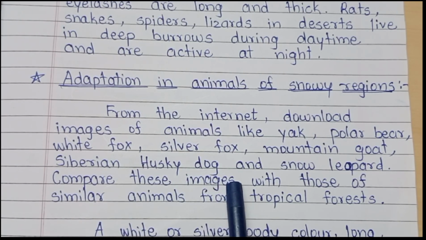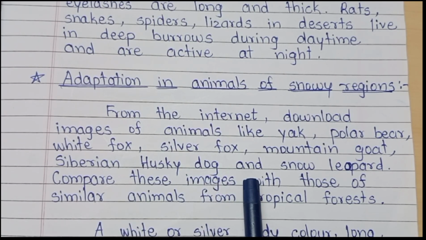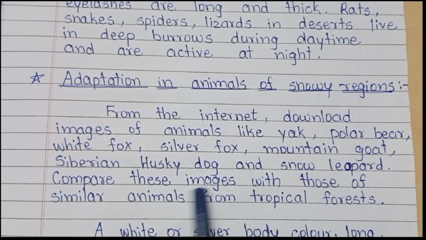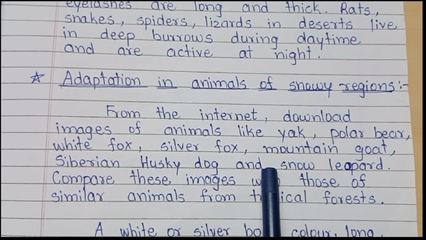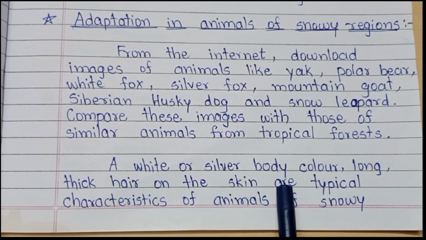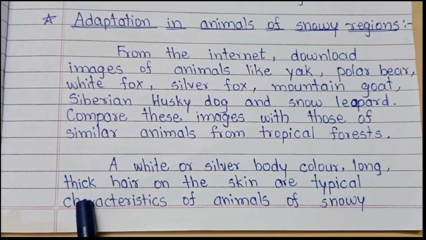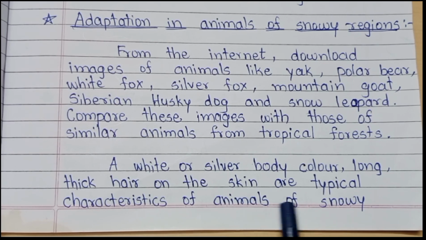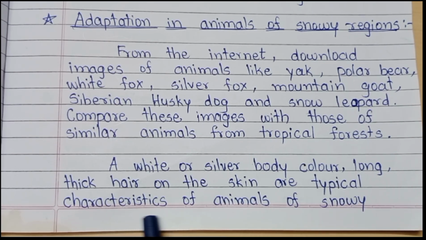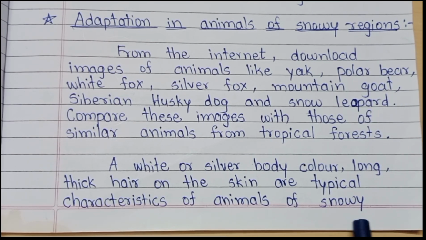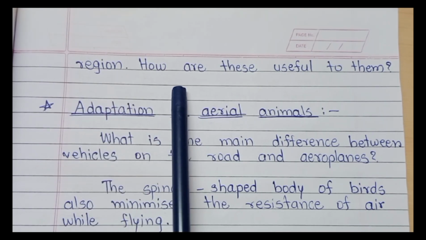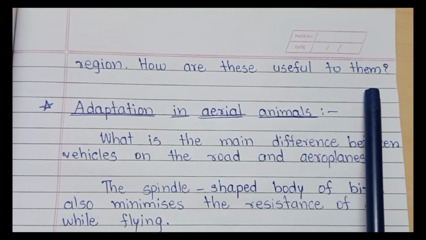Now we see how these animals adapt themselves to their surroundings. A white or silver body color and long thick hair on the skin are typical characteristics of animals of snowy regions. How are these useful to them?